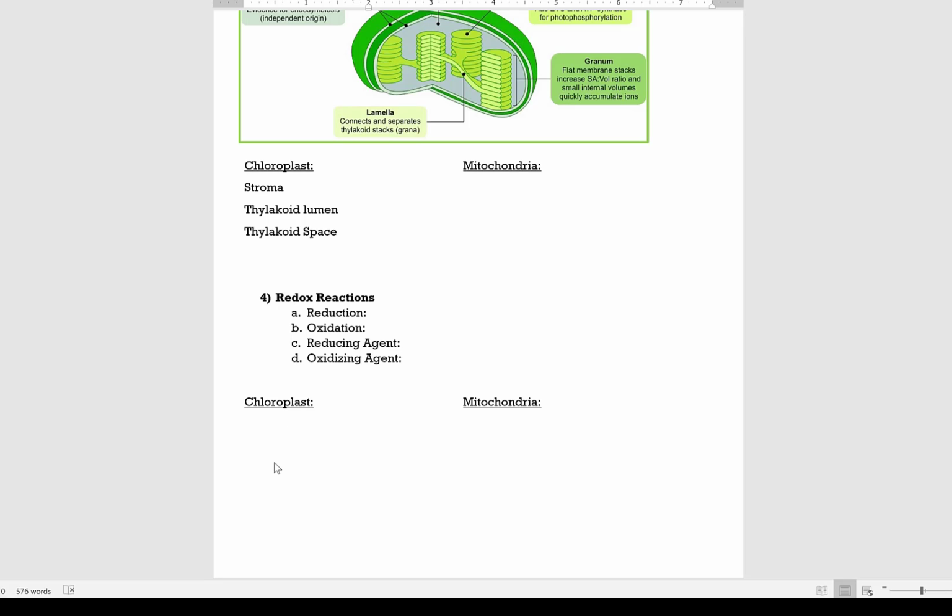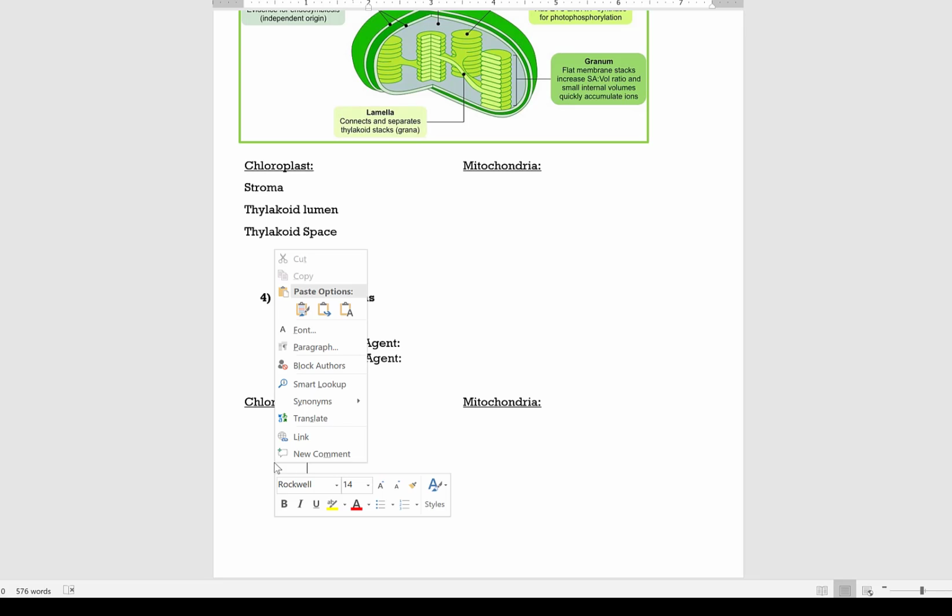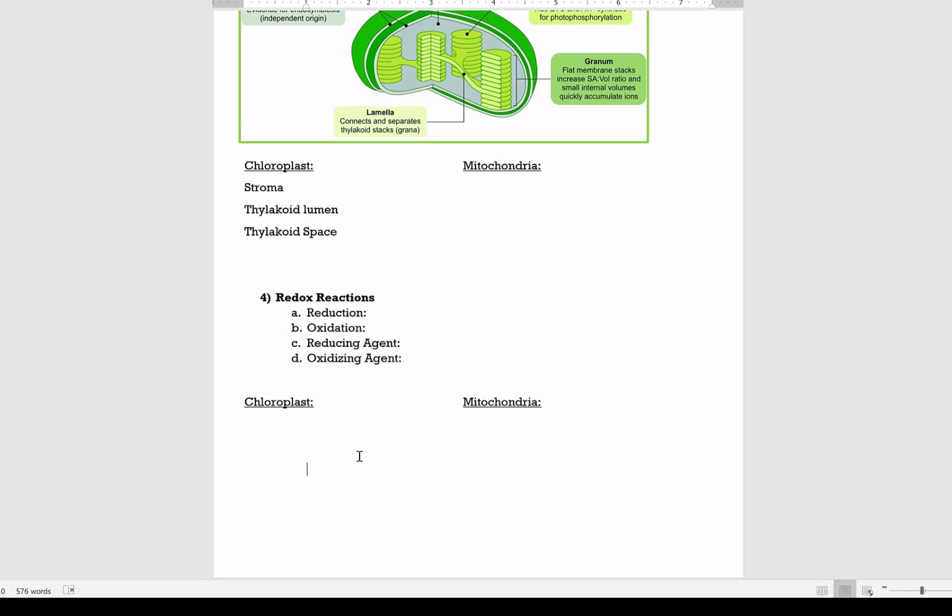And in photosynthesis, it's the opposite. We are putting energy into electrons and then storing those electrons inside of molecules like glucose, other carbohydrates, cellulose. So we are putting high energy electrons into molecules.